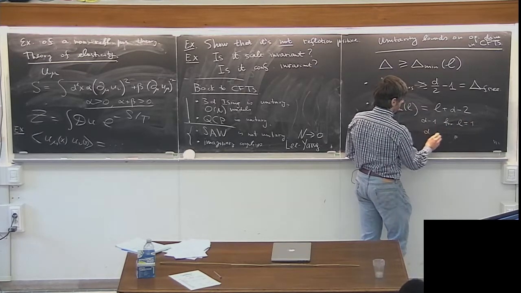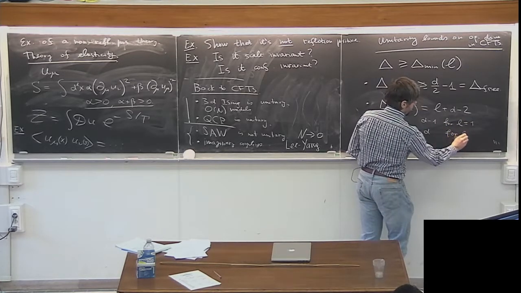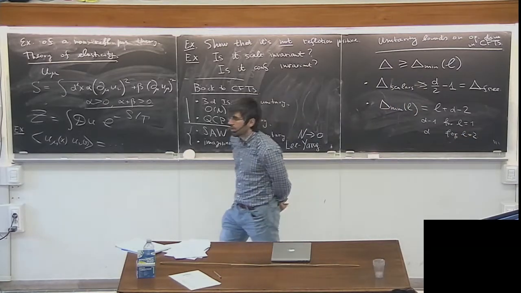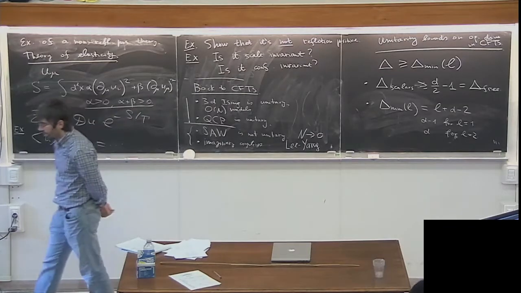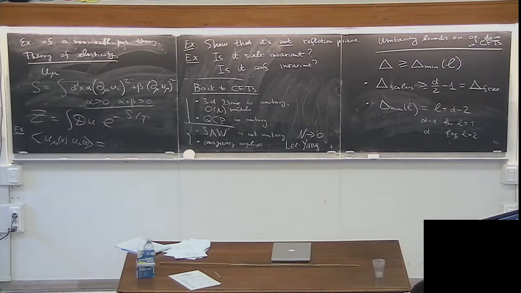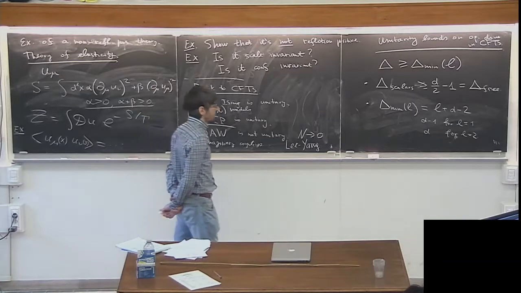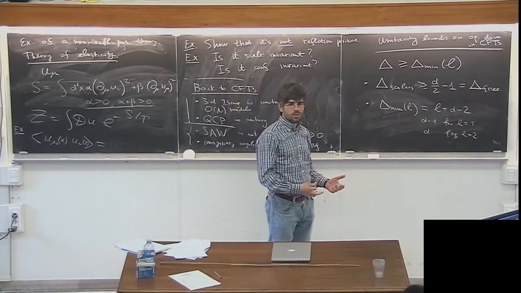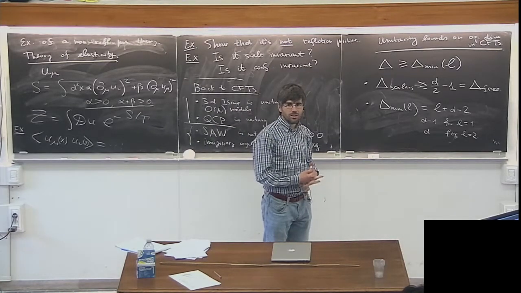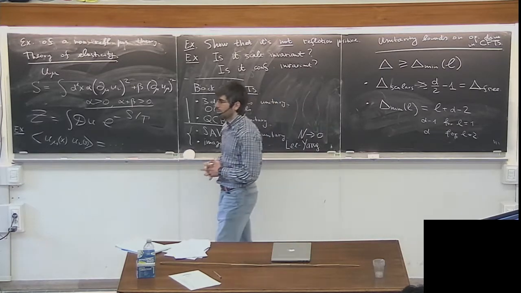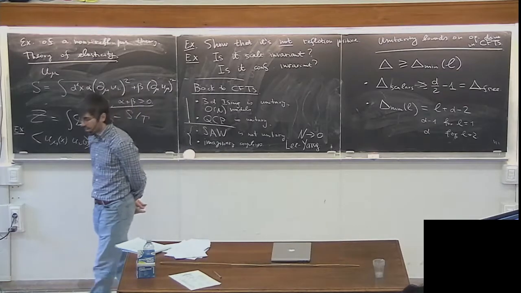And for L equal 2, you get d. So d minus 1 is the dimension of the conserved current, and d is the dimension of the stress tensor. So what this bound says is that the conserved currents are the lowest dimension fields with spin 1, and the stress tensor is the lowest dimension field with spin 2. Cannot have lower dimension operators.